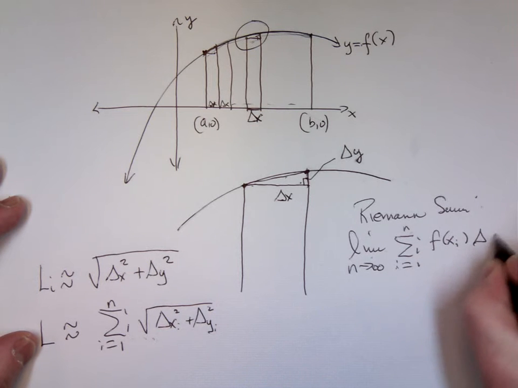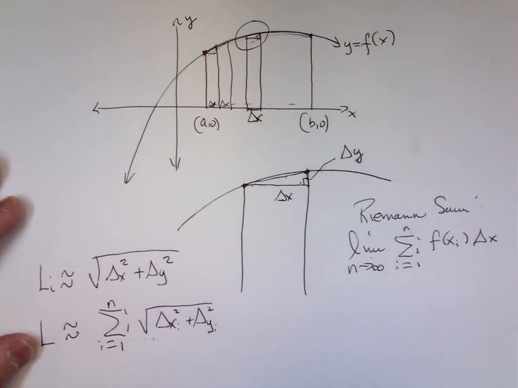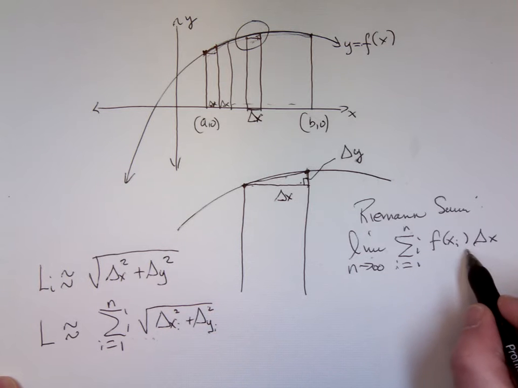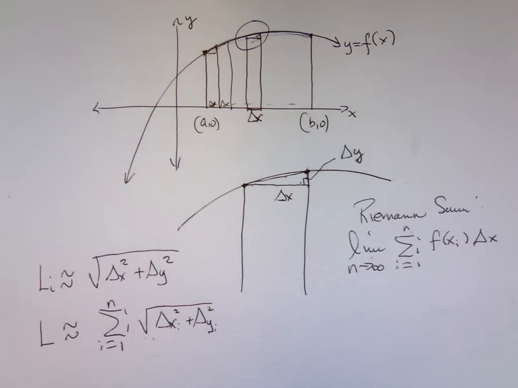This is the kind of thing I want. This is what we did for our volumes of solids of revolution. Maybe this was a pi r squared, or a 2 pi r h, or a pi big R squared minus little r squared. If we could get it to look like this, we can evaluate it with an integral. We don't have that here, but we can get there.